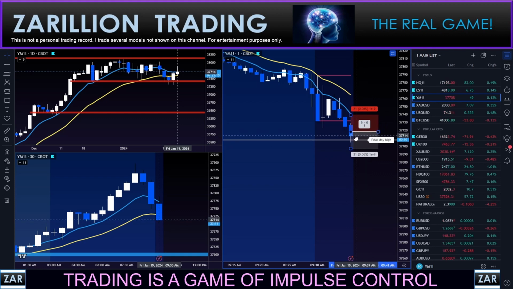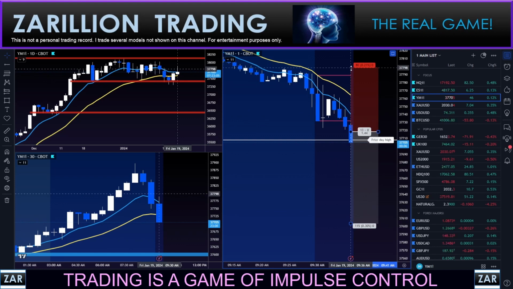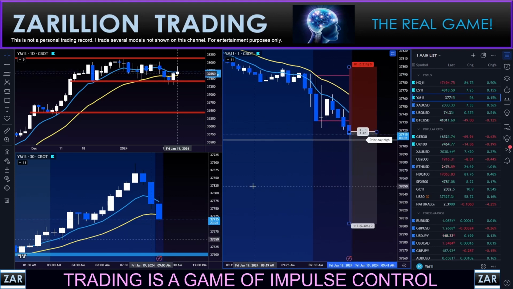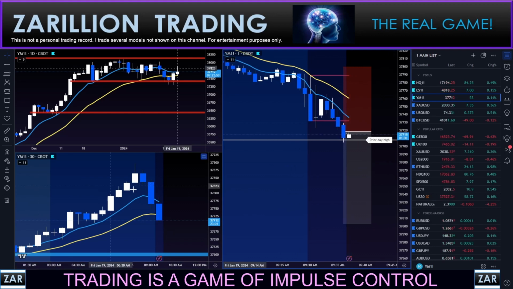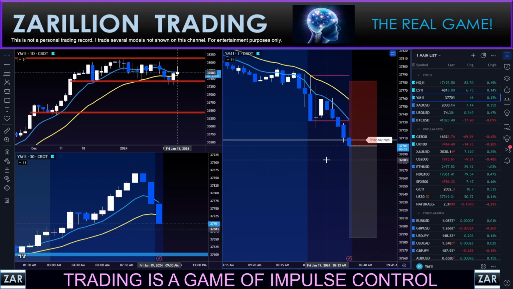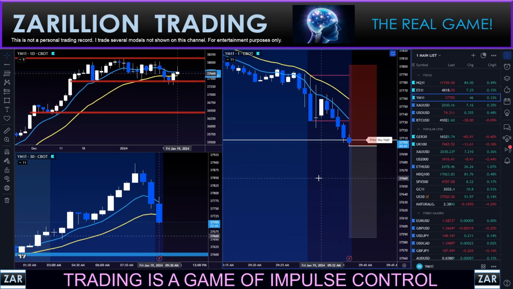Up here, I'm looking for a pullback to that white line. Stop above that high. I want to see a pullback to that white line. Might not get it, so I'll stop below. And not in yet. Waiting for it. Need to break that down again, guys.